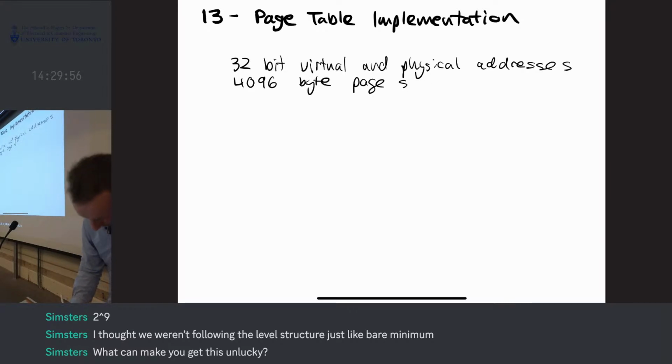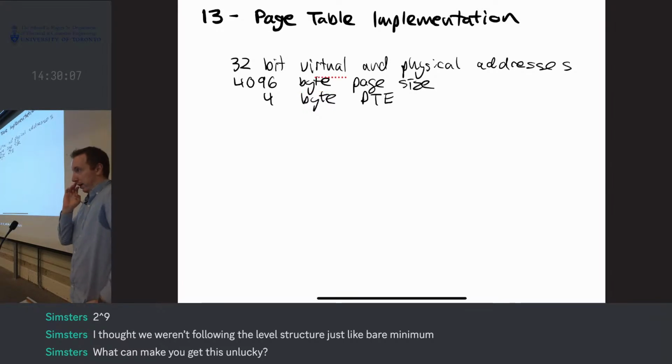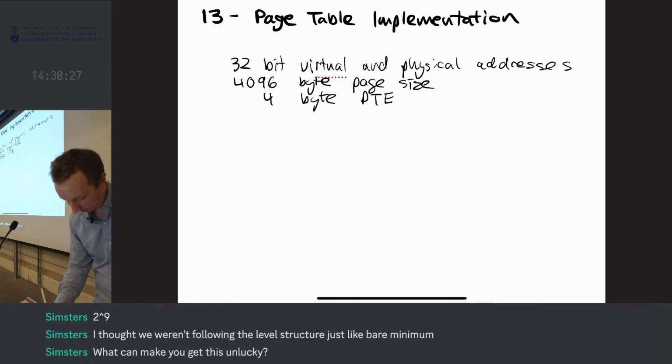And our page table entries are 4 bytes. Same idea: we want to fit our page tables exactly on a page, for all the same reasons as before. So we have to calculate how many page table entries we can fit on a single page, and the number will be slightly different.